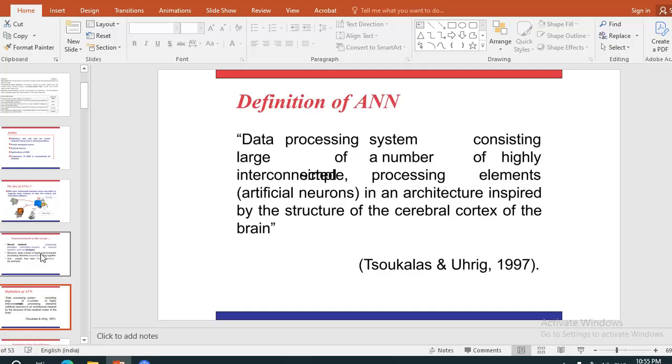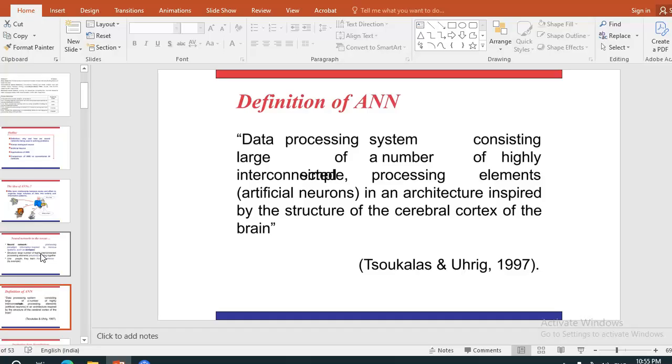The definition of ANN: it is a data processing system consisting of a large number of highly interconnected processing elements, called artificial neurons, in an architecture inspired by the structure of the cerebral cortex of the brain. That means we have to make a large number of artificial neurons and interconnect them in a structural manner to perform a specific task.